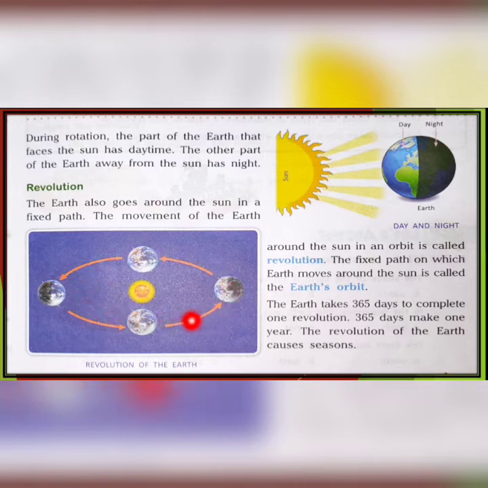A revolution of the Earth causes seasons. Along with rotation, our Earth also moves around the sun, and to complete one round around the sun, it takes 365 days, which is a year. Due to revolution, the changes in the seasons are caused.